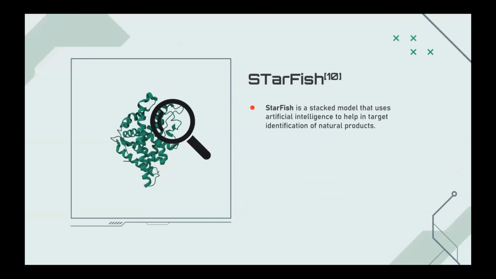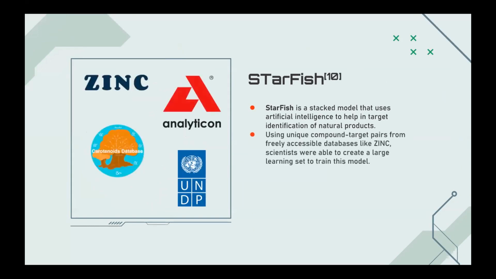That's where AI works. An AI program called Starfish helps in the identification of natural products. It uses a unique data set made from easily accessible databases like ZINC and UniProt to create a large learning set to help make the model as accurate as possible.